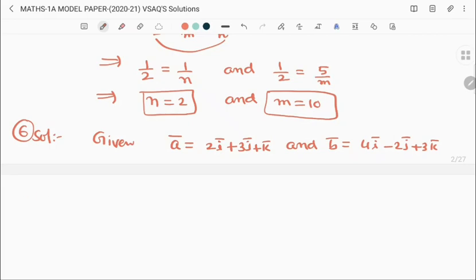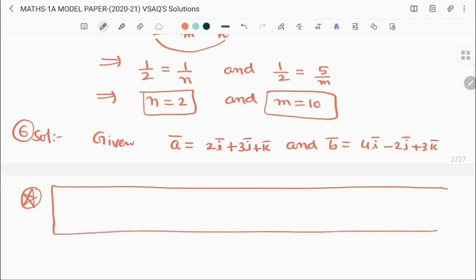Here the point to remember and write in the exam is the same point. For writing this concept only, 1 mark.